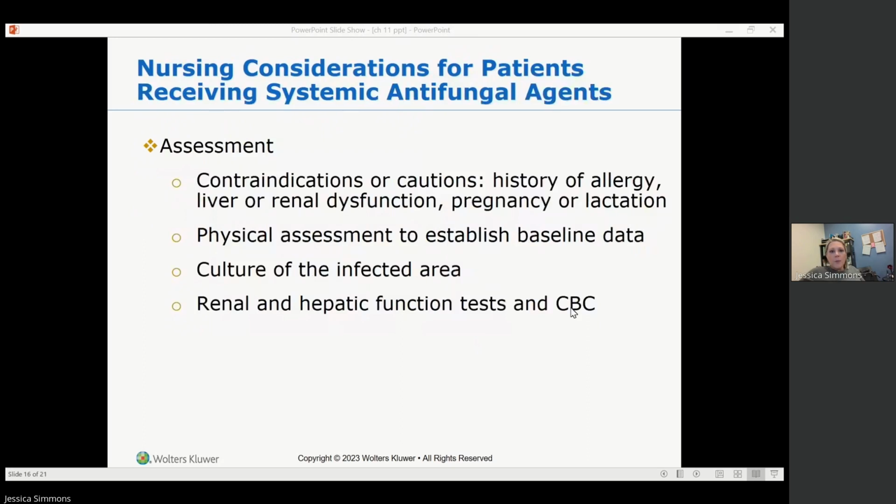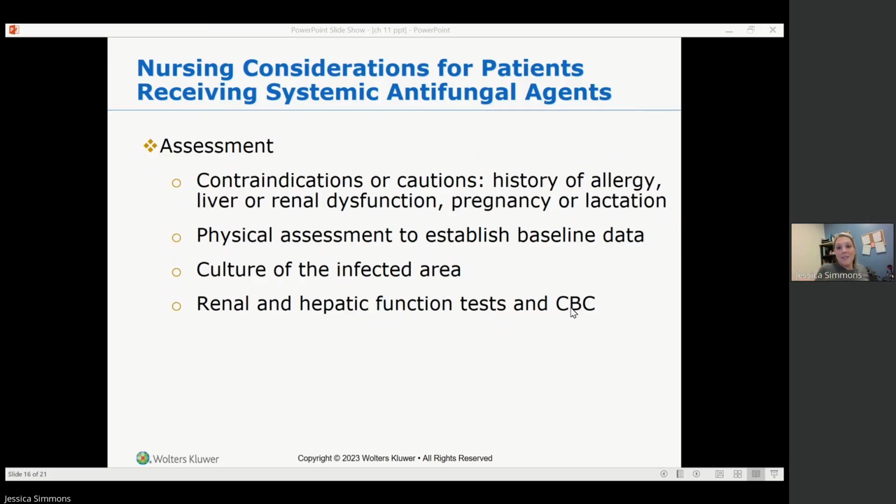Nursing considerations for patients receiving systemic antifungals. So this is your IV antifungals. Contraindications or cautions for a history of allergy, liver or renal dysfunction, pregnancy and lactation. Remember, we talked about renal and hepatic function tests and CBC.